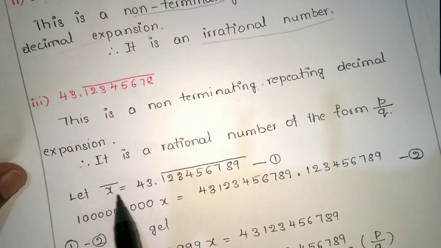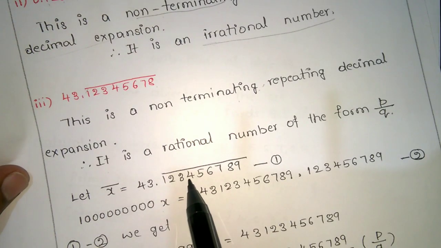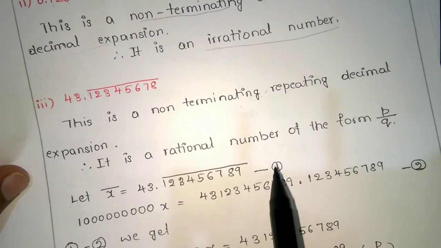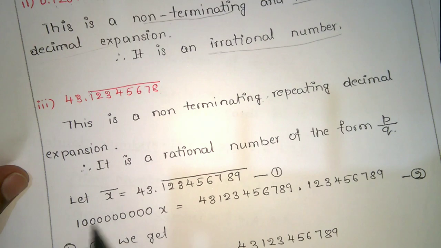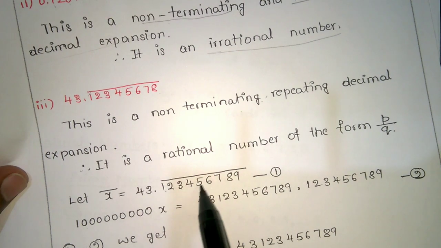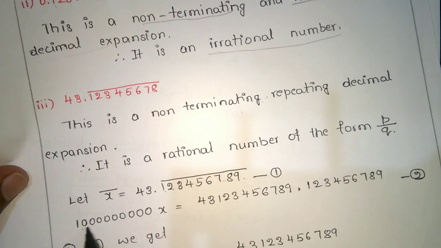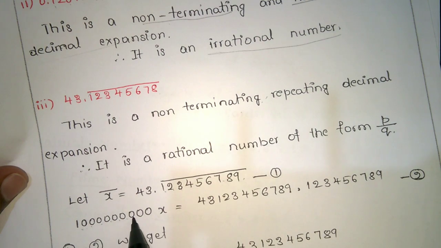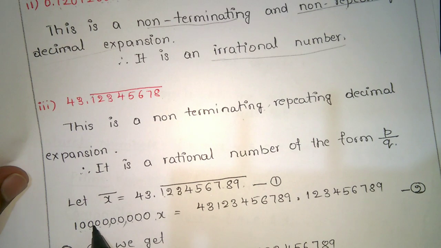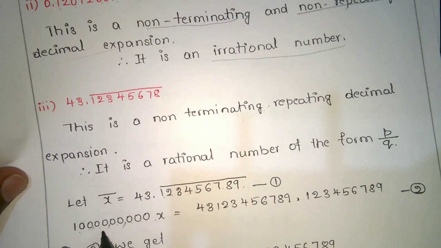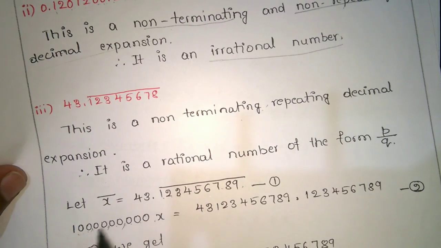So let x equal to 43.123456789 repeating. Take it as equation 1. Now you have to multiply with 10 power 9, that is 1 followed by nine zeros, on both sides.